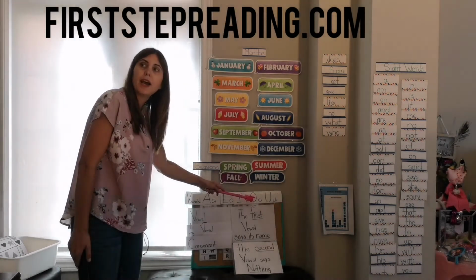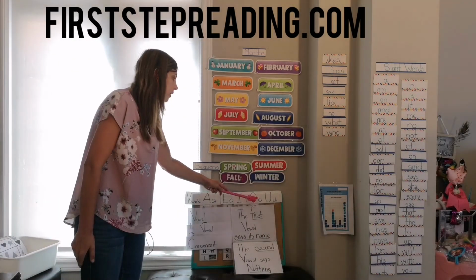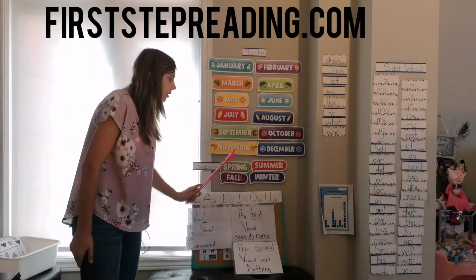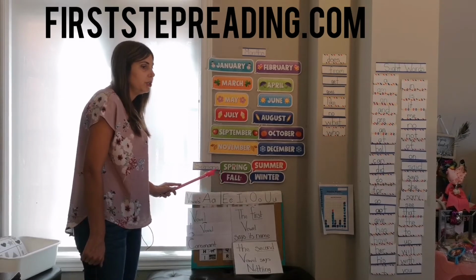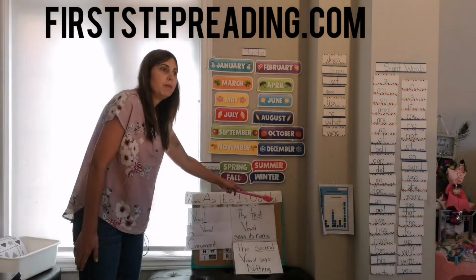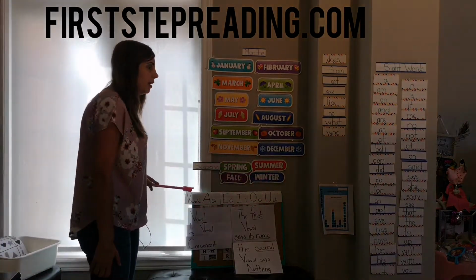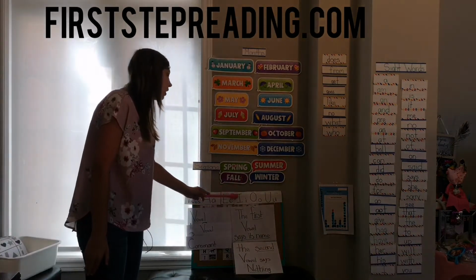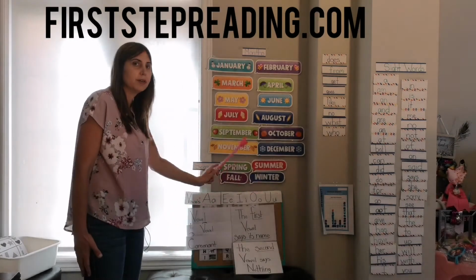O is a vowel, a vowel, a vowel. O is a vowel, A-E-I-O-U. U is a vowel, a vowel, a vowel. U is a vowel, A-E-I-O-U. Those are our vowels, our vowels, our vowels. Those are our vowels, A-E-I-O-U. So these 5 letters are our vowels.